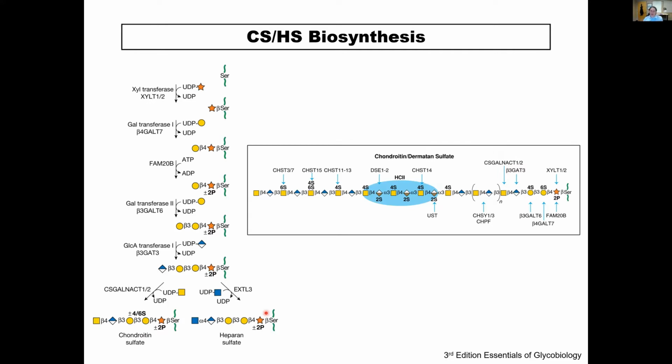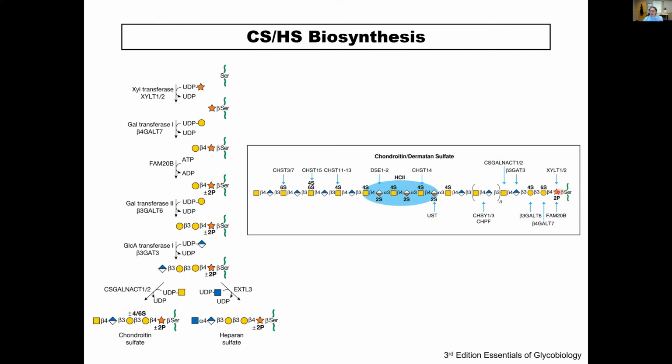I wanted to mention that it's not completely understood what regulates this process, and this is part of the focus of my independent laboratory: we are trying to understand what regulates the biosynthesis of glycosaminoglycans in our cells. But in terms of the biosynthetic machinery, depending on what sugar is placed next after this tetrasaccharide linker region, you will get biosynthesis of chondroitin or heparan sulfate.